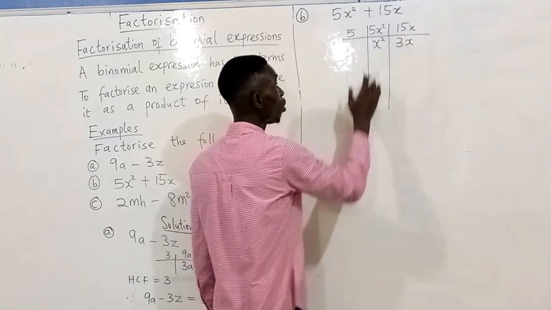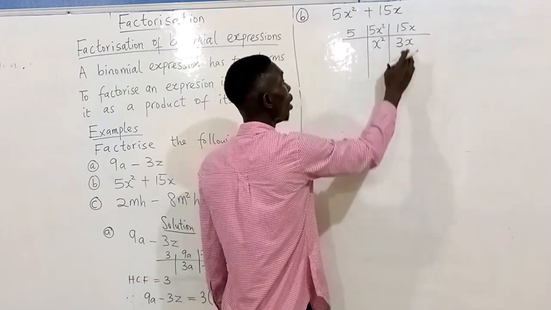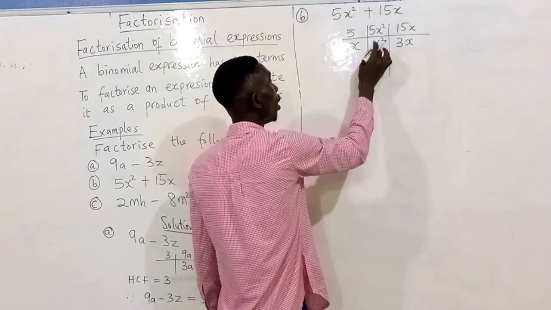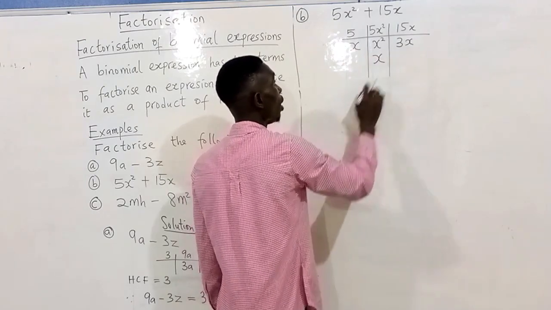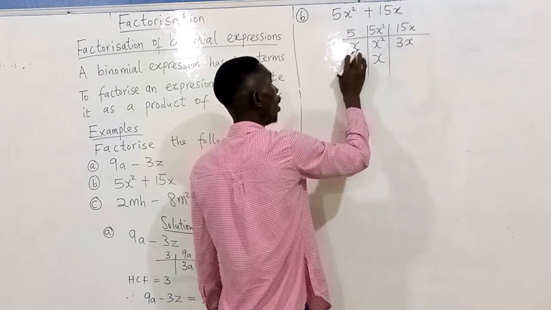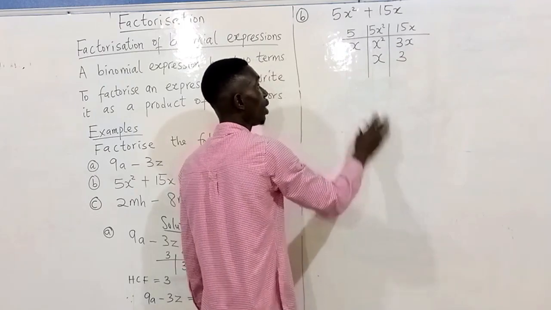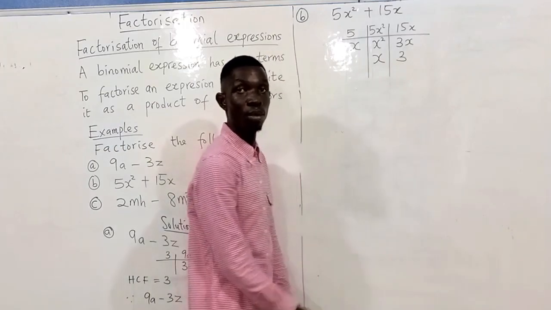So what else can go into both terms at the same time? We have x. x squared divided by x, we have x, and 3x divided by x, we have 3. At this point, nothing can go into x and 3 at the same time.